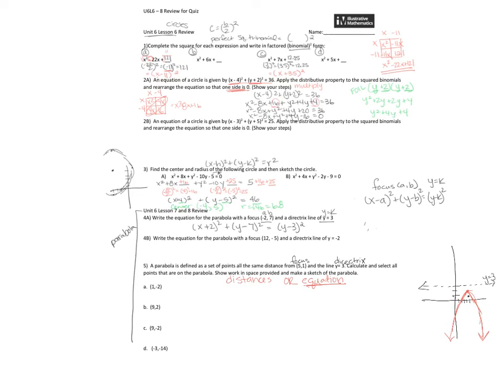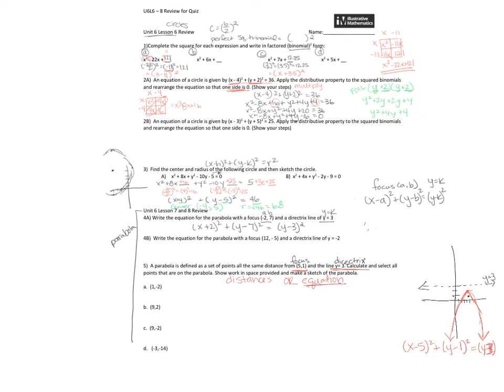But in order to use the equation method, I have to write the equation. So again, I'm given the focus and I'm given the directrix. So I know the equation of my parabola would be (x minus 5) squared, that's my a, plus (y minus 1) squared, that's my b, equals (y minus k) squared, y minus 3.